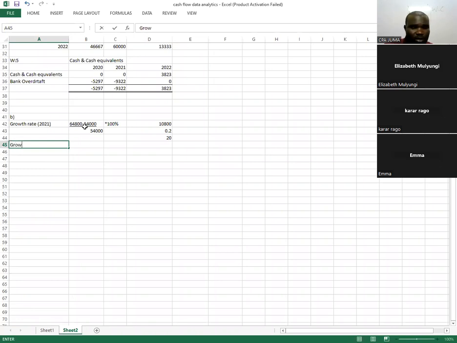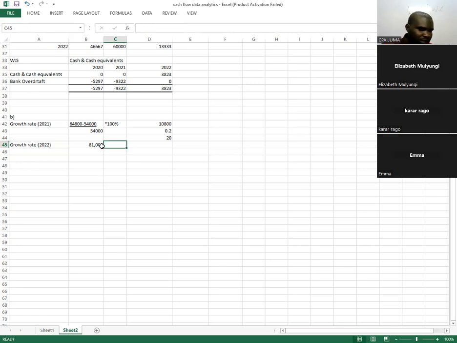Growth rate 2022 will be, now I'll be very keen, 81,000. So it's 81,000.